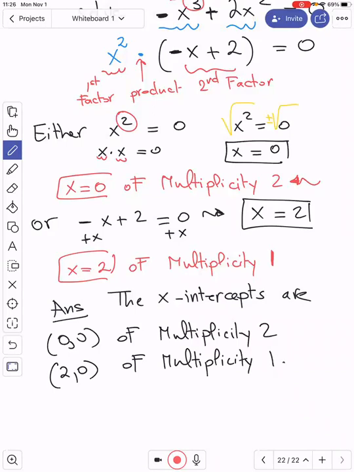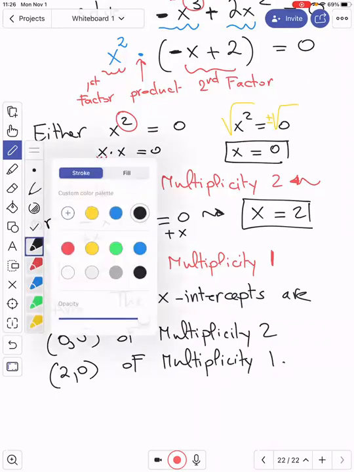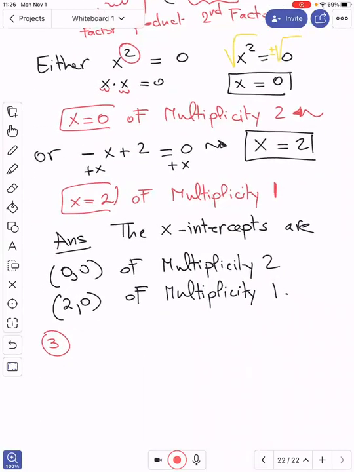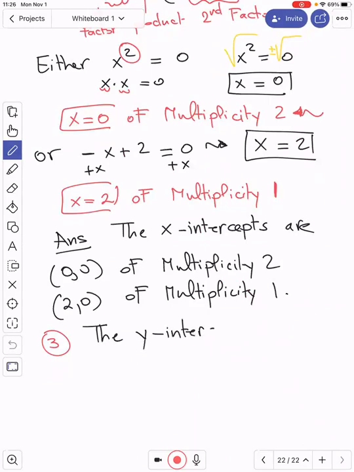All right, and that's for the x-intercept, and then the y-intercept. For the y-intercept, guys, all you have to do is evaluate f of 0, plugging 0 into the function f.